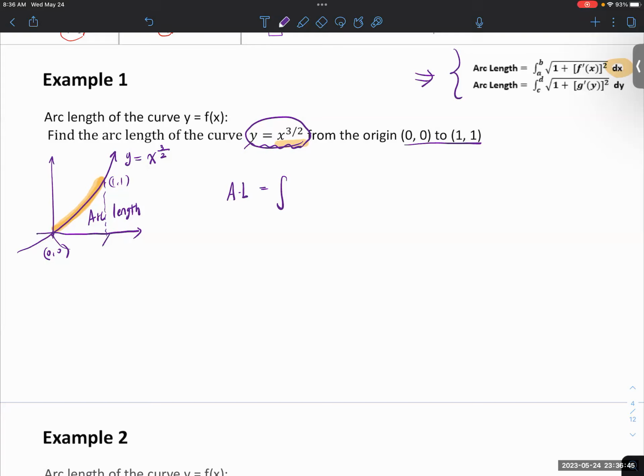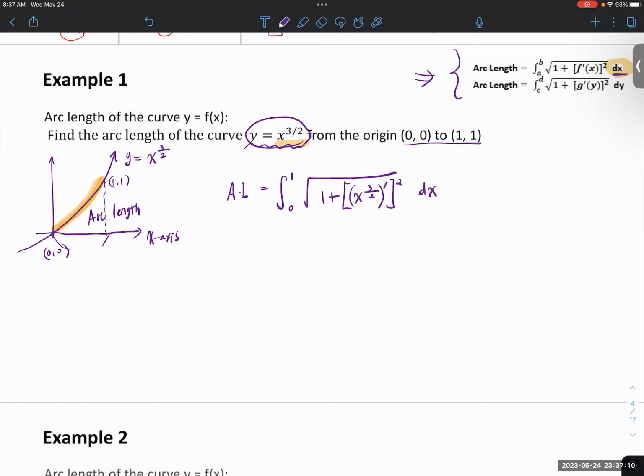From 0 to 1 on the x-axis, because we are going to take the integral with respect to x. So from 0 to 1, and then the function is x to the 3 over 2. You're going to take the derivative and then square it, and dx. This is the formula that you are going to use to find the arc length of this function.